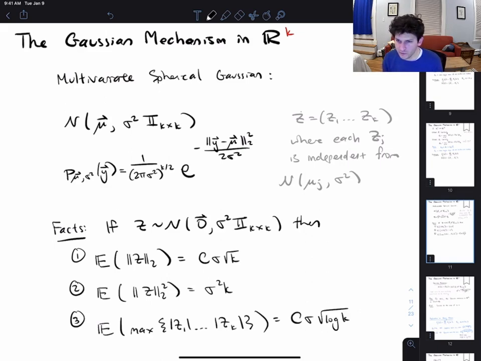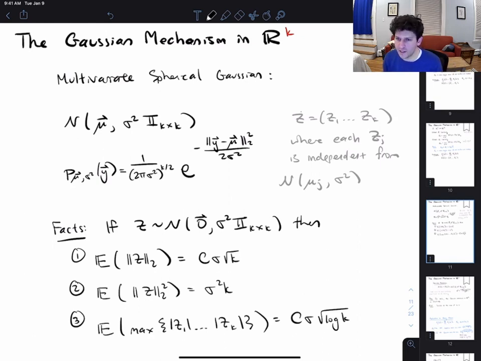The density is not so important until we start trying to prove things with it, but the gist is that this is some random variable z with k components z1 through zk, where each component zj is independent from the rest and is drawn from a normal with mean mu sub j and variance sigma squared.